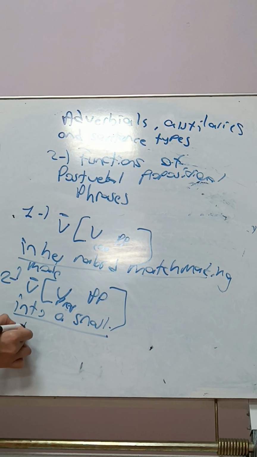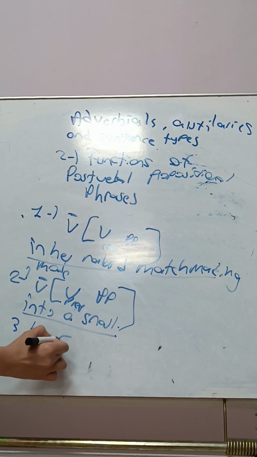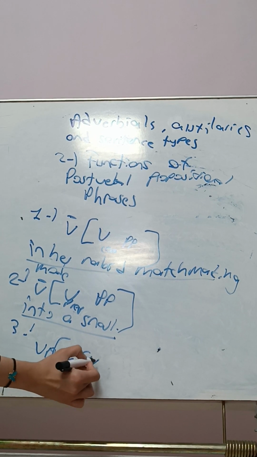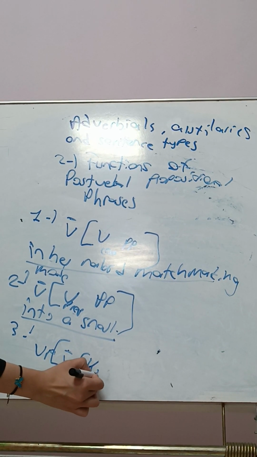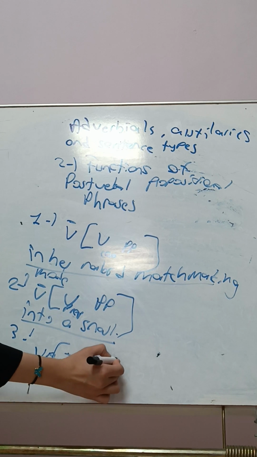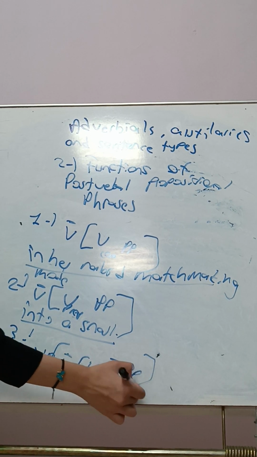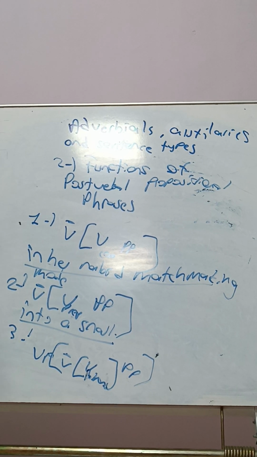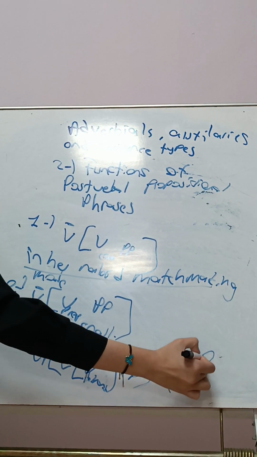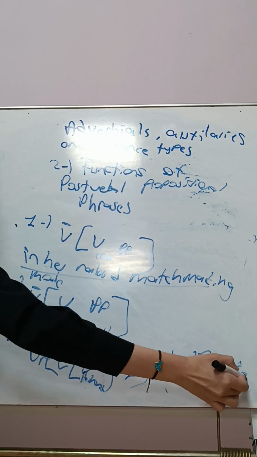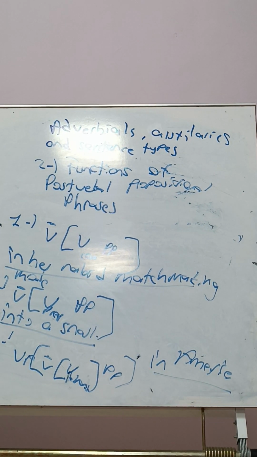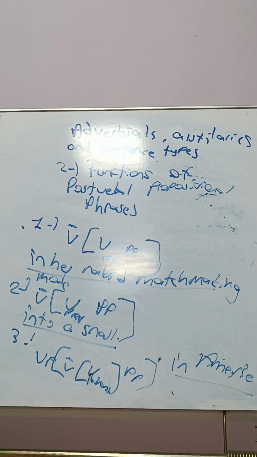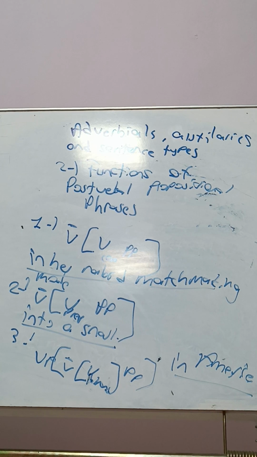And the third one: The face of poverty has changed in America. In sentence 1, in her rabbit matchmaking mode is a subject complement referring back to his wife.